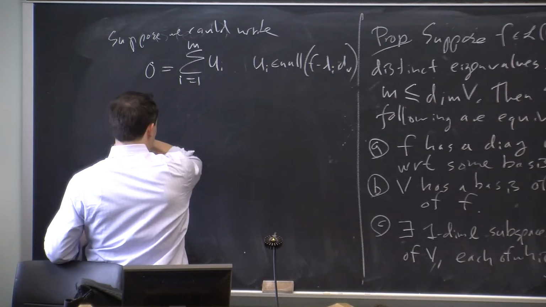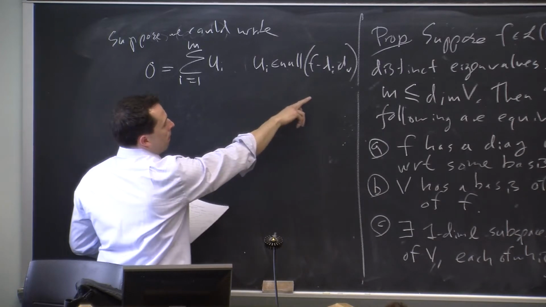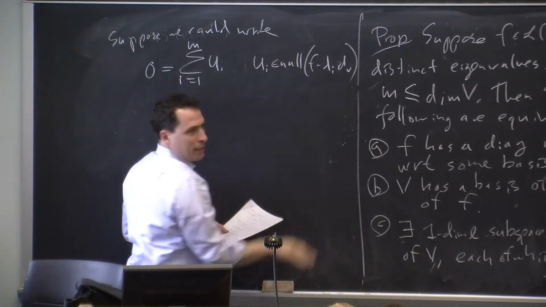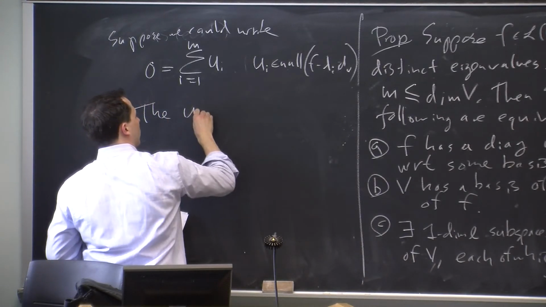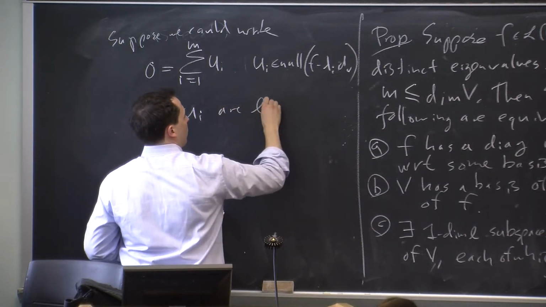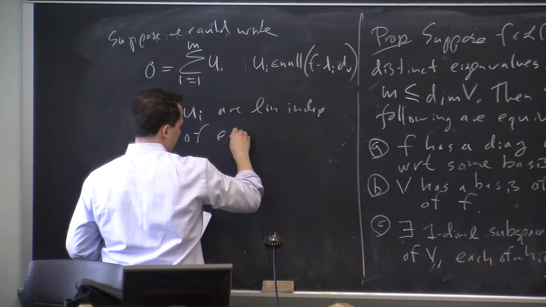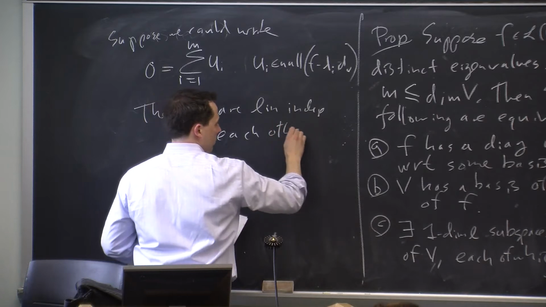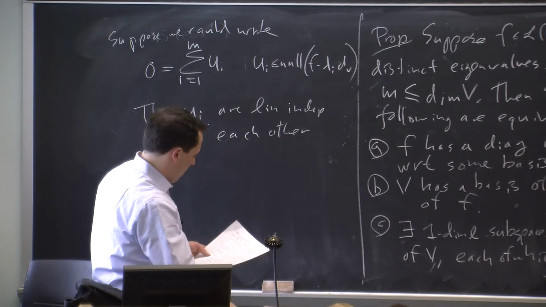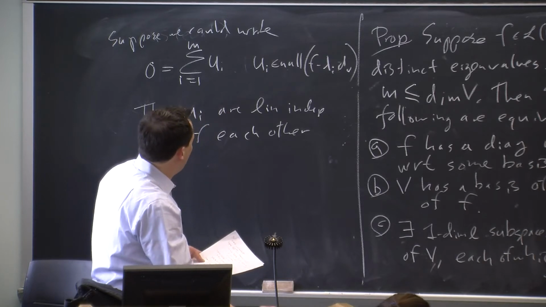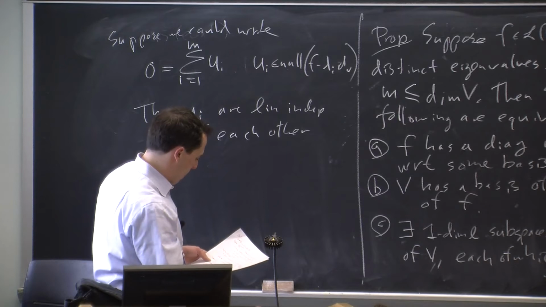Well, we know that these u_i, each of which lies in a different null space, have to be linearly independent of each other. Why is that? Theorem we proved a little while ago. Not today, but another day. Why are the u_i independent?